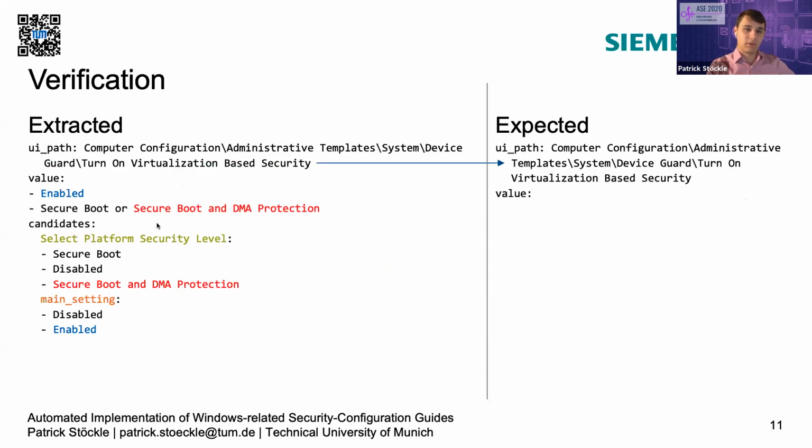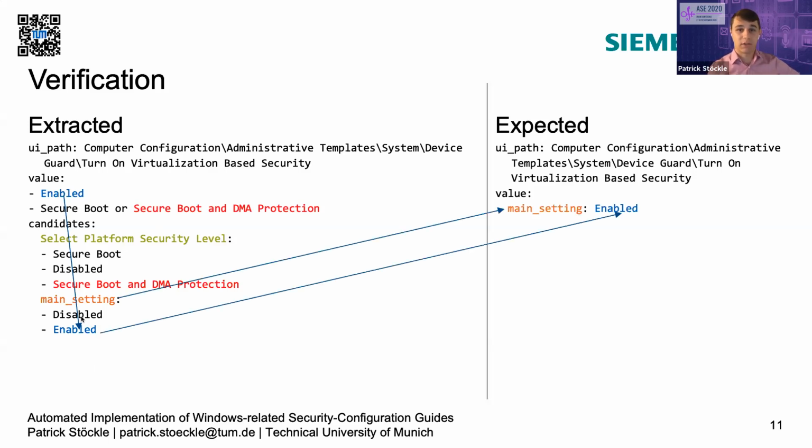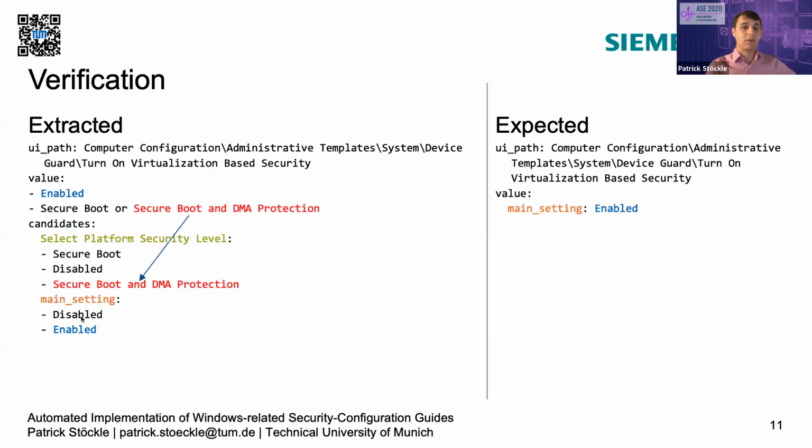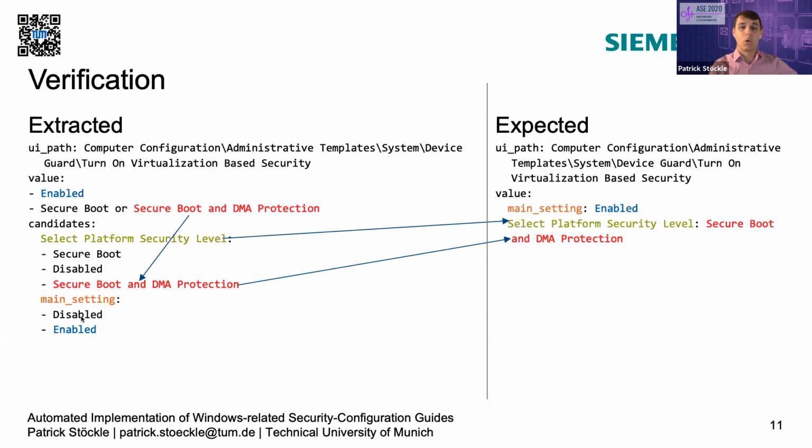And this is no existing value, so we cannot implement or apply this directly. So what we can see here is we have to set the main setting to enabled, and we can choose one of these options. In this case, I choose the selected platform to actually get the correct complete setting, which can then be automatically implemented on the system under test.